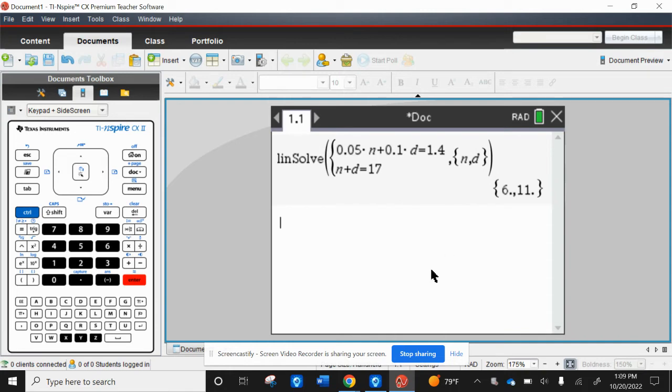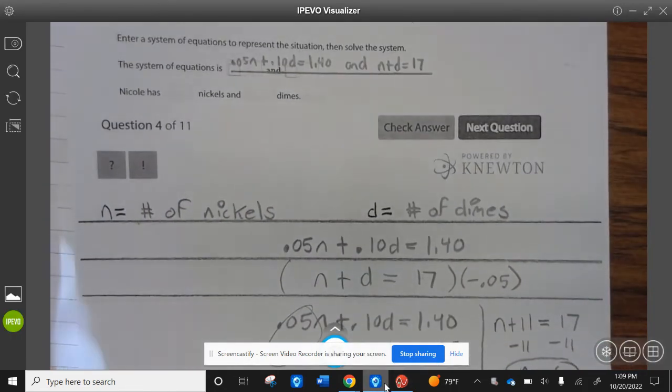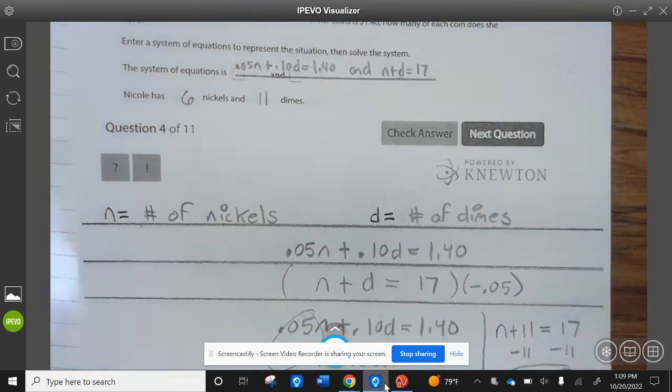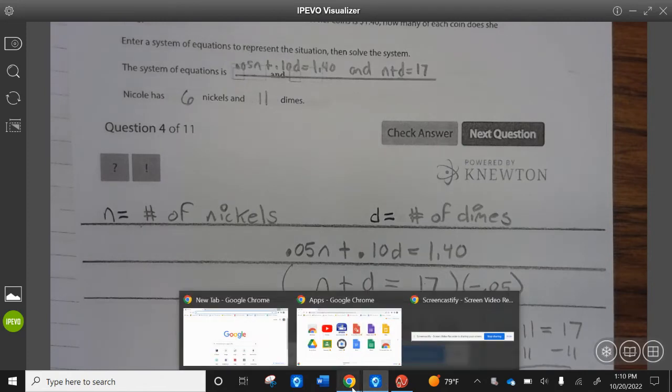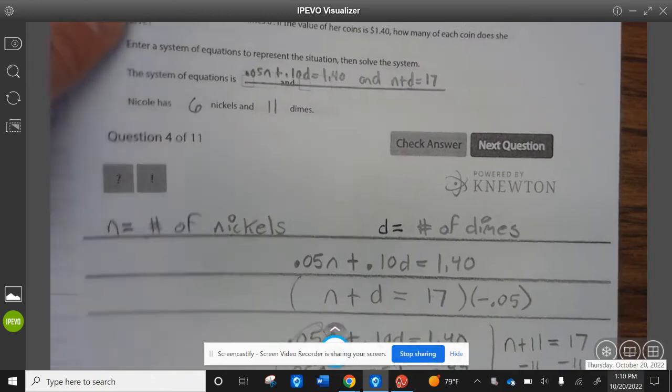So that verifies our 6 and 11. So there are 6 nickels and 11 dimes. Okay, so now let's go on to the next example.